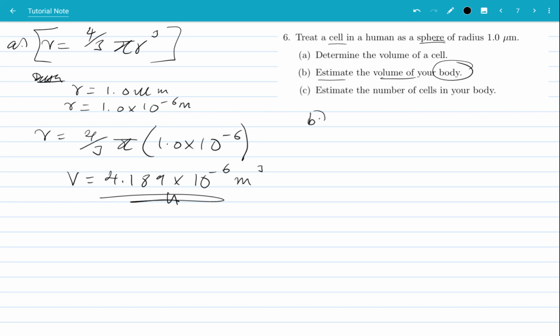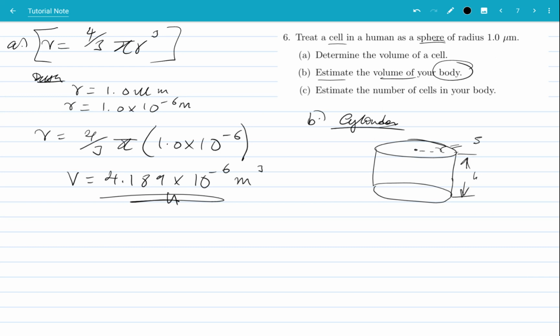Okay, let's pick a cylinder. Alright, so a cylinder looks something like this. Yeah, okay, my drawing is not okay. Let's try something like that. Alright, so let me call this my radius, and let me say my radius is 5, and then I can give my height to be 10.